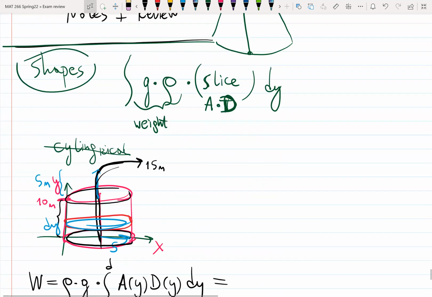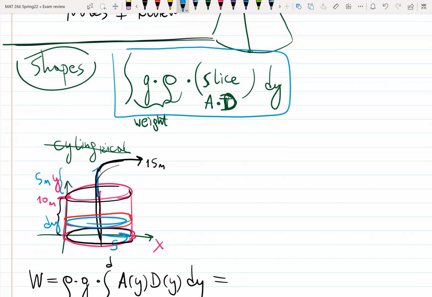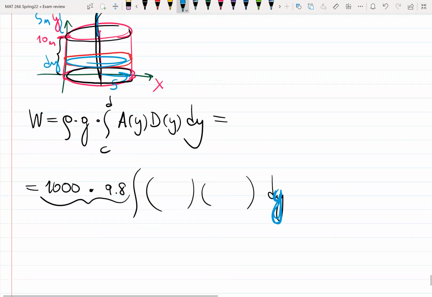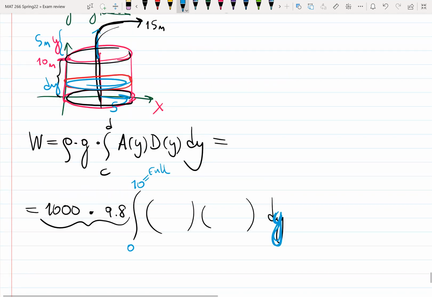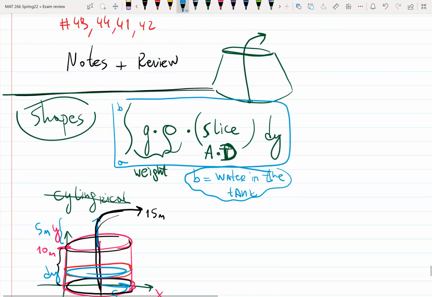For the water problems, not only the formula, but it's A and B. B should be the water in the tank, I guess. And now you understand it's not always full. Yeah, that's important. It's not always full. So it will be from 0 to 10 because in this case, it is full for this particular problem. And this problem has a name.